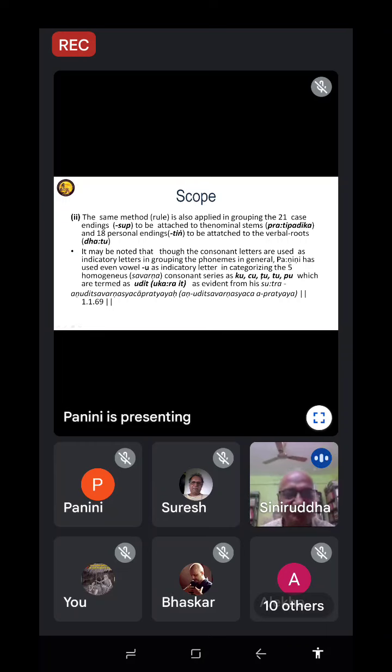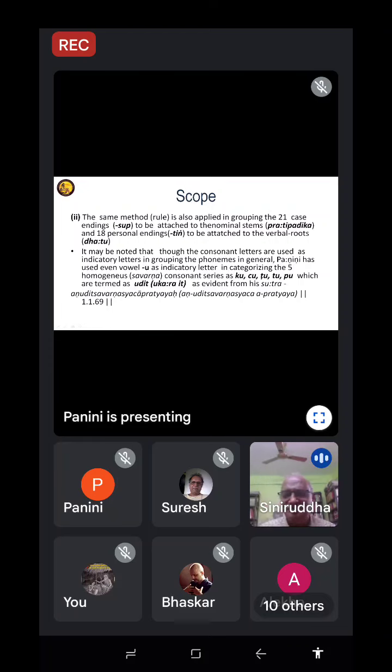Grouping the phonemes, Panini has used even the vowel u as an indicatory letter in categorizing the five homogeneous savarna consonant series like ku, chu, tu, tu, pu. In the sutra Anudit Savarnasya Cha Apratyayah, he calls them udit.